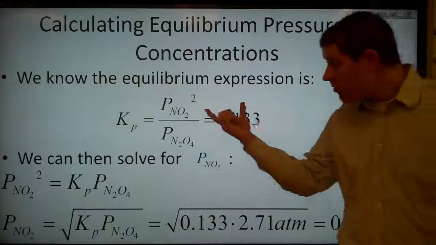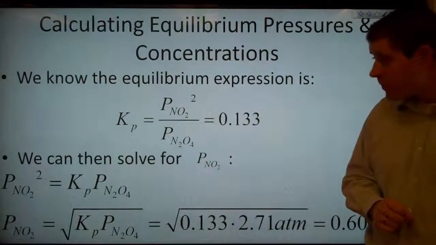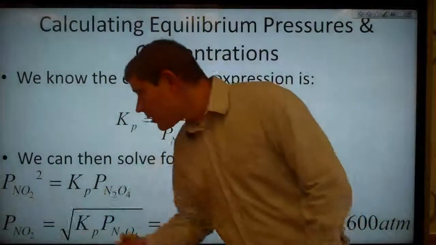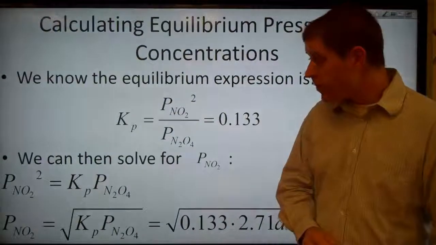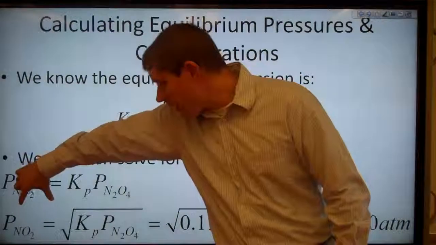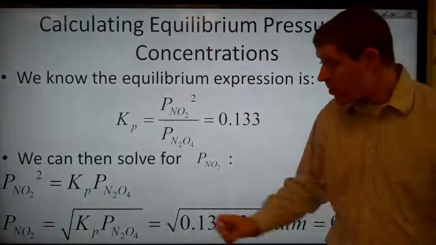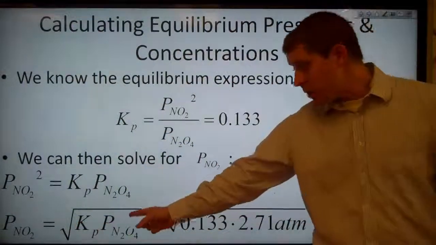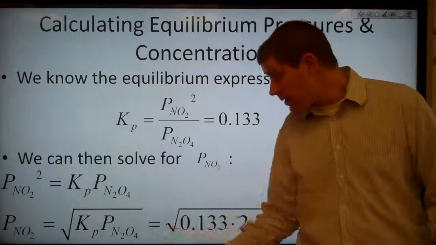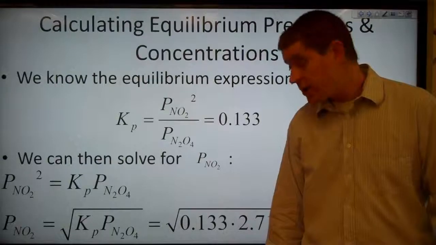We then can solve for our partial pressure of nitrogen dioxide, the NO2. So we solve that for partial pressure of NO2. Note here that it's squared, so we then have to take the square root. So we get the partial pressure of NO2 is equal to the square root of our equilibrium constant, Kp, times the partial pressure of the dinitrogen tetroxide.